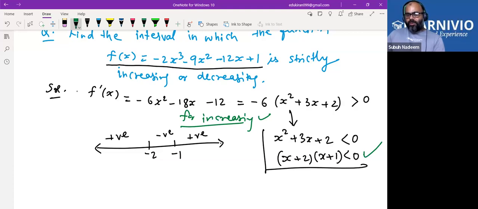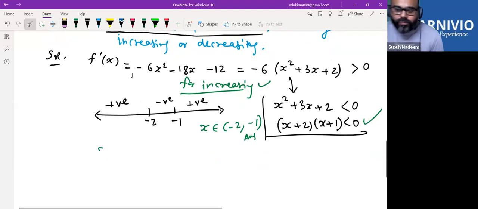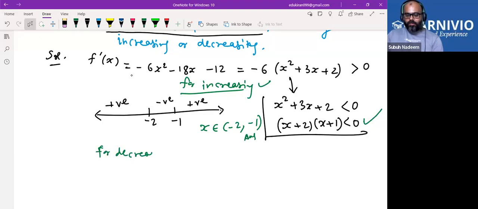So x belongs to (-2, -1) is the region where it is increasing, instead of the opposite. For decreasing, x belongs to (-∞, -2) union (-1, ∞). So you have done it correctly, but it is reversed.